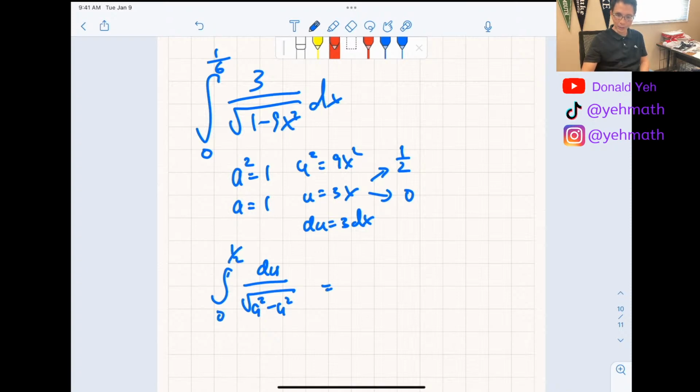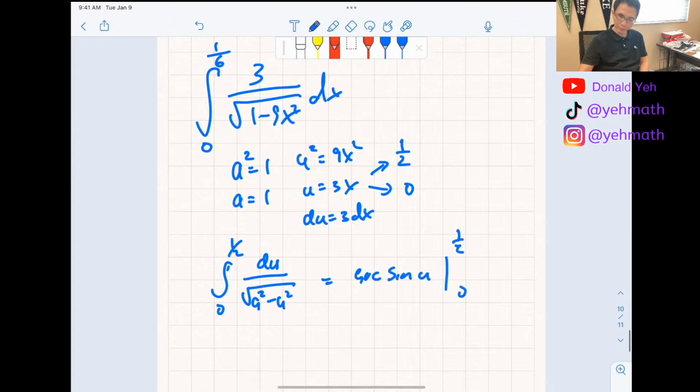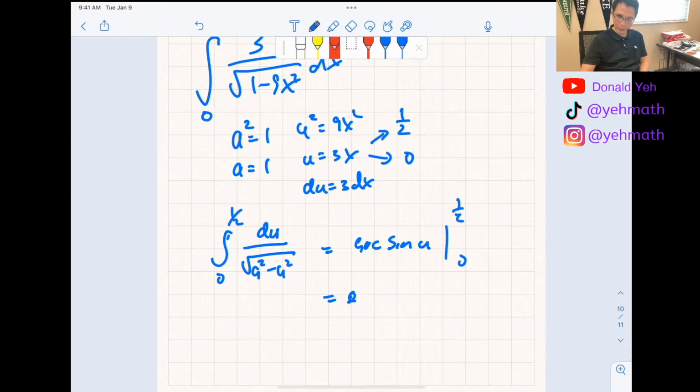So it's arcsine of u over a. A is 1. So it's arcsine of u between 1/2 and 0. Arcsine of 1/2 is pi over 6, minus 0. So it's pi over 6.